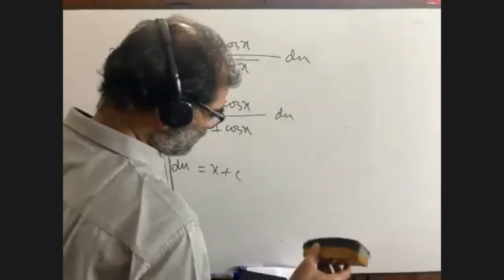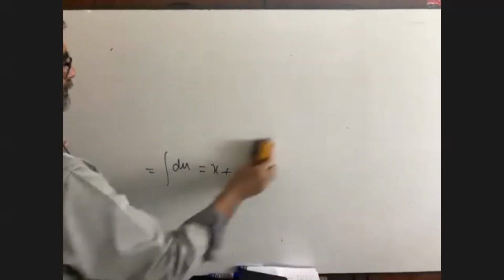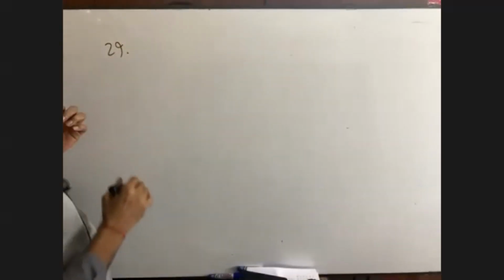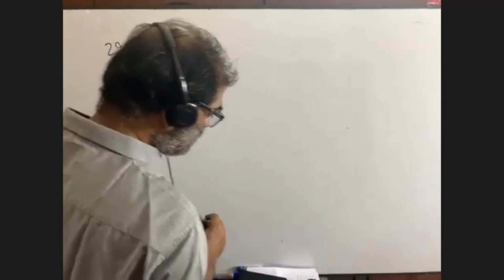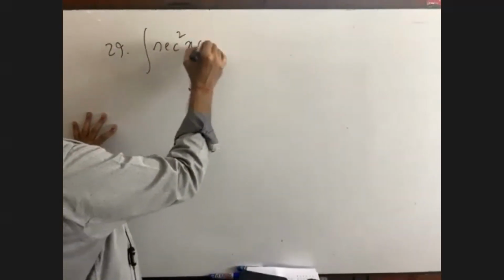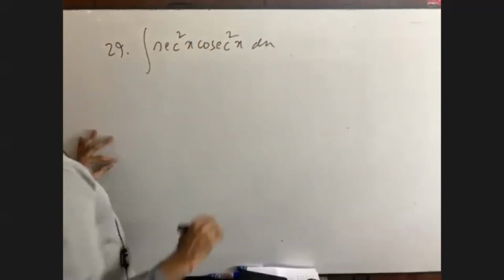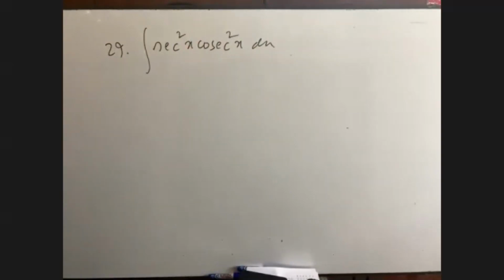Only one math is left. That was given in the maximum boards exam. Question number 29. Sec square x, cosec square x. Who can do it? Sec square x, cosec square x, dx. Who can do it? Okay.